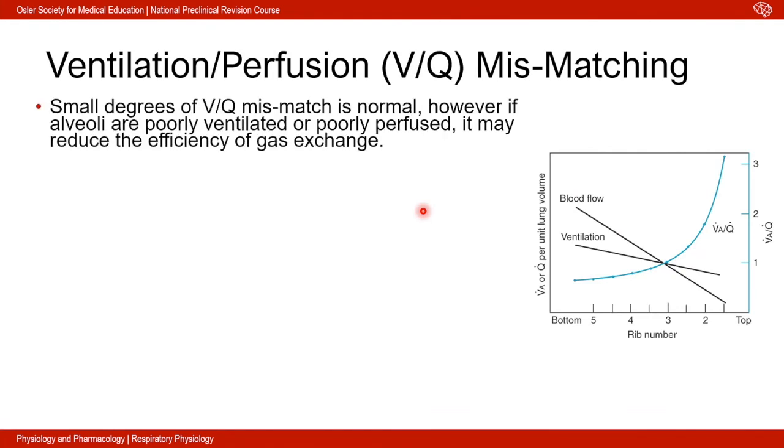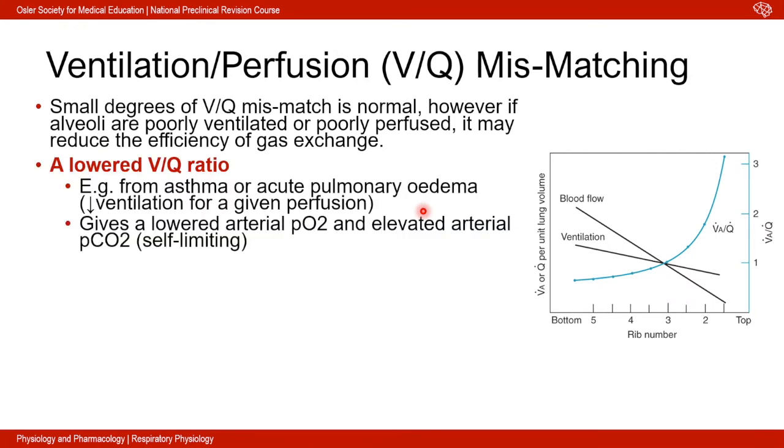So mismatching can also occur. Sometimes that's normal, but it can be significant, and if it's significant, it can impair our gas exchange. A lowered ratio can happen in asthma or acute pulmonary edema. In both of these conditions, we're going to have less air getting in for the amount of blood that is going around your lungs, so decreased ventilation for a given perfusion.